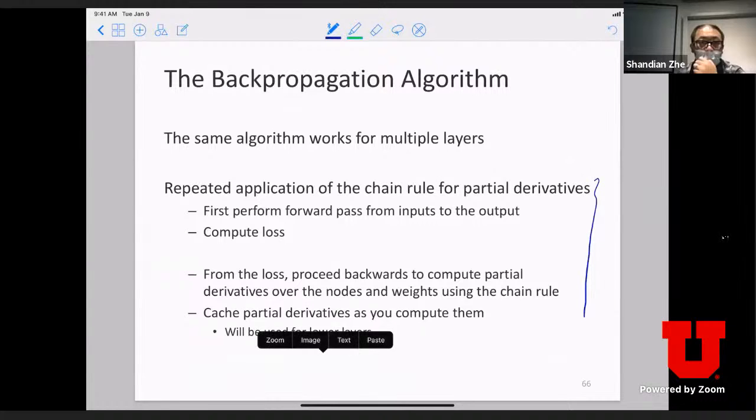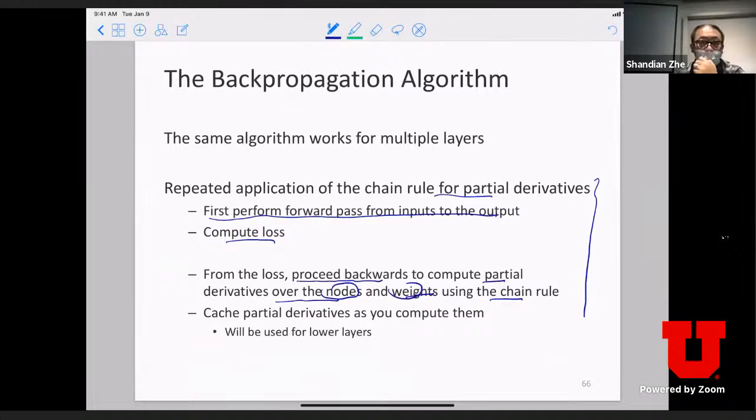Backpropagation essentially repeatedly applies the chain rule for partial derivatives. First, we perform a forward pass from the input to the output to compute the loss. Then from the loss, we proceed backwards to compute the partial derivatives over the nodes and the weights using the chain rule. Remember, we do this over both the nodes and weights. We first compute the nodes based on the partial derivatives of the nodes one layer above.